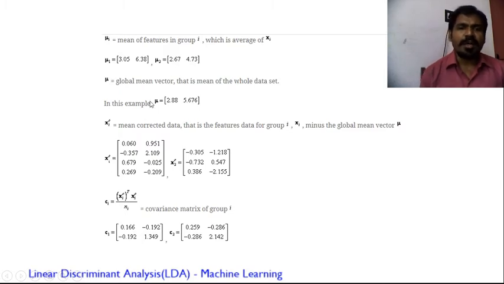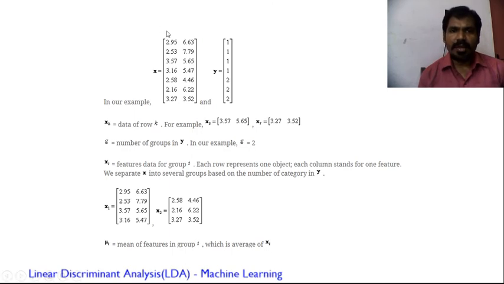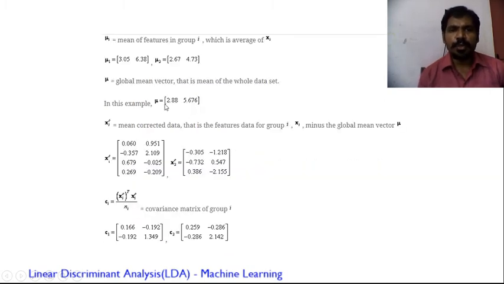Then we also compute the global mean vector for the whole data set, that is mu. We add the first column of x divided by 7, and the second column of x divided by 7. So I get mu, the global mean vector for the entire data set.